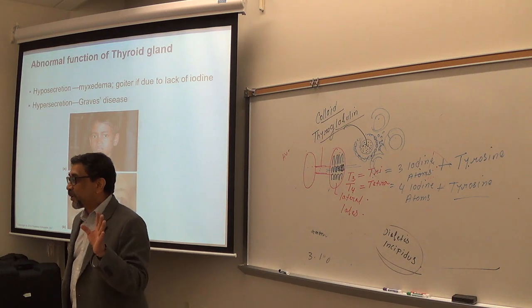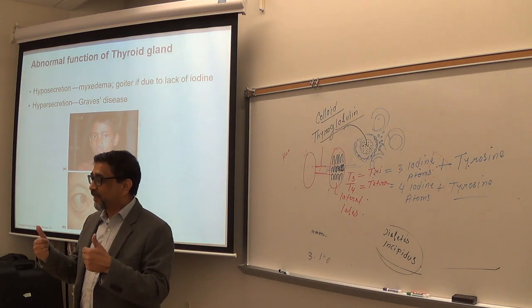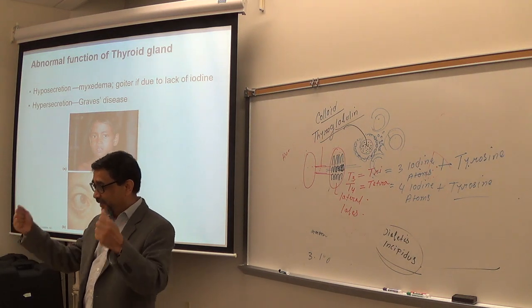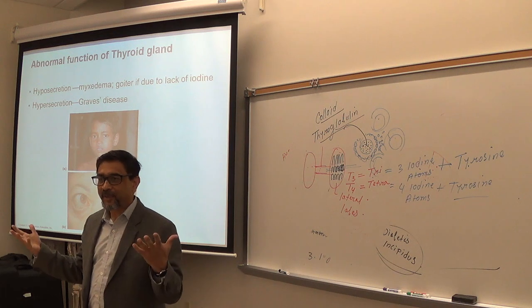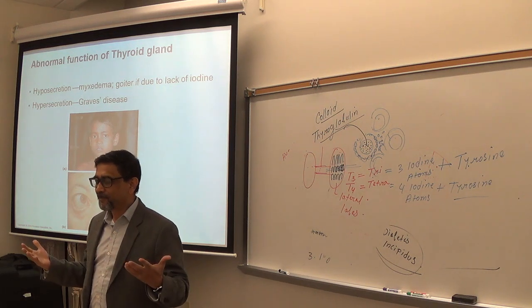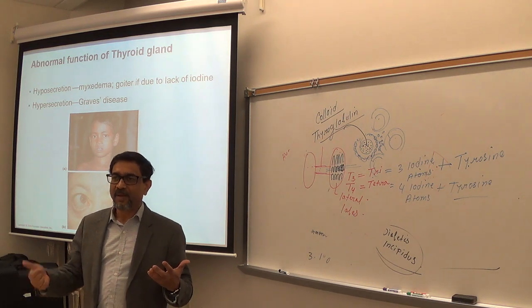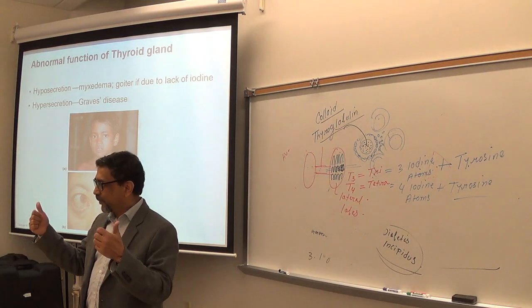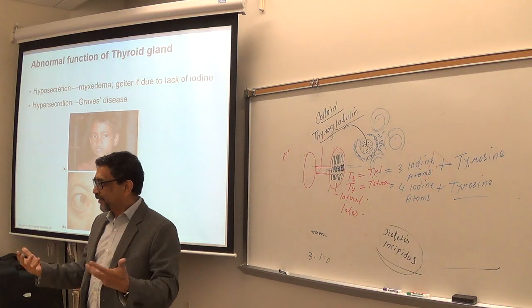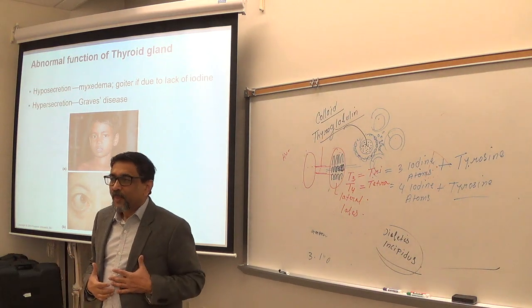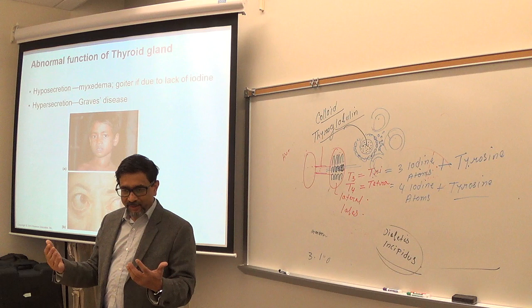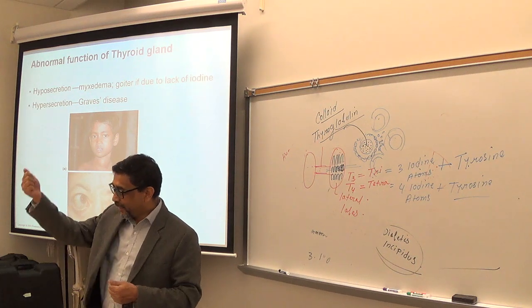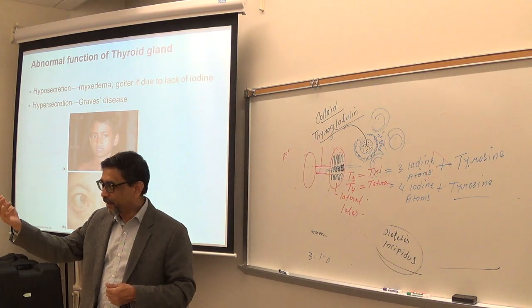Now you tell me, what are the signs of increased metabolism? You all know when you do exercise, right? Metabolism increases. So what happens in your heart? Blood pressure goes up or down? Up, right? Heart beats faster, right? Blood pressure goes up. Sweating occurs, right? So in normal resting condition, you see the patient's heart rate is higher, right? Blood pressure could be higher, right?